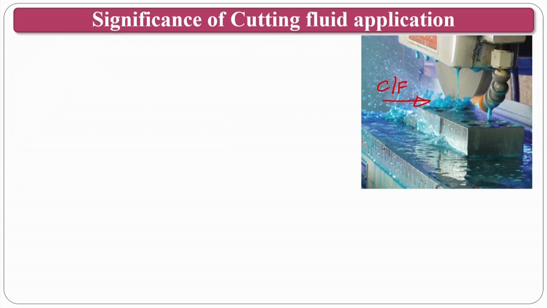You have virgin cutting fluid coming from outside, and the cutting fluid that is falling here in the machining region will be thermally degraded. In the next go, everything will mix here in this region and it will go to the cutting fluid tank from where it is pumped.